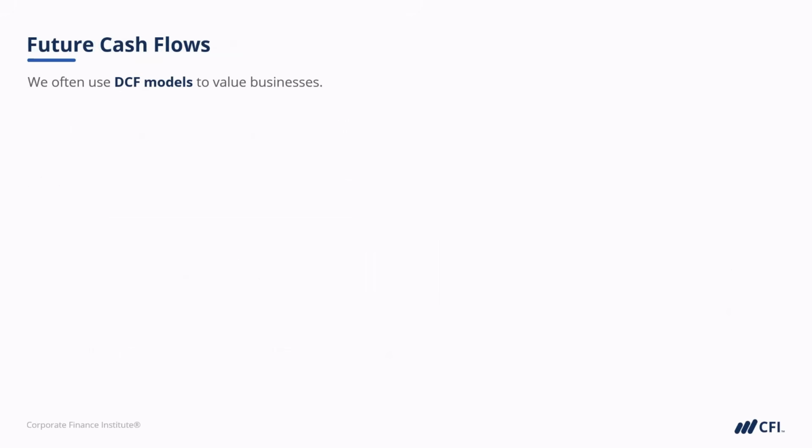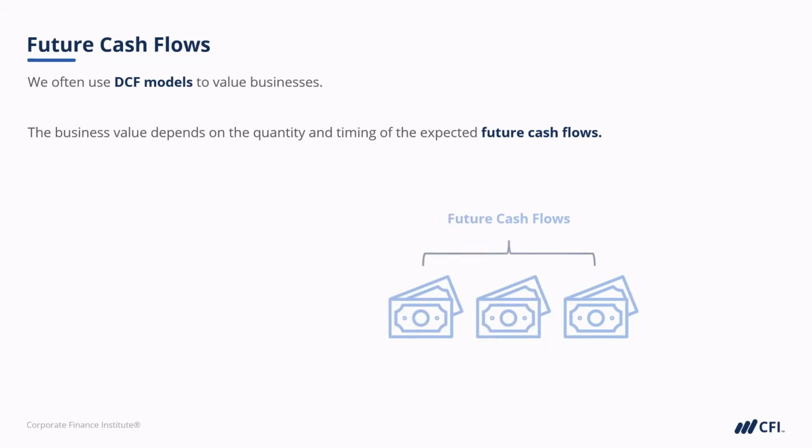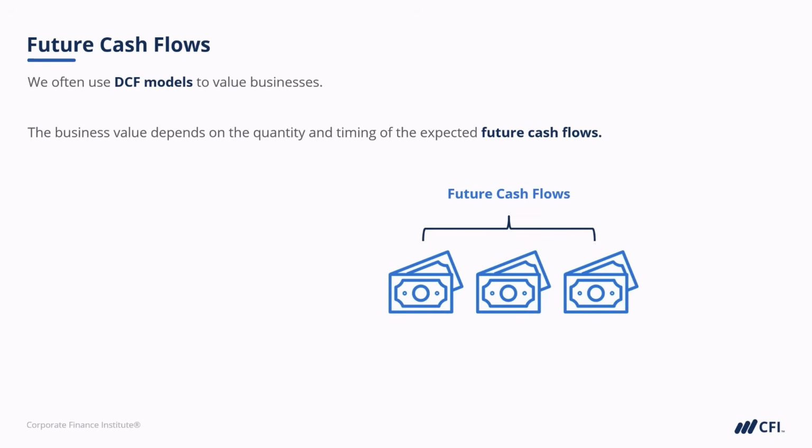It's fair to say that we often use DCF models in order to value businesses. In fact, the business value itself depends on the quantity and the timing of expected future cash flows. We can really think about a business as something which generates a number of future cash flows.